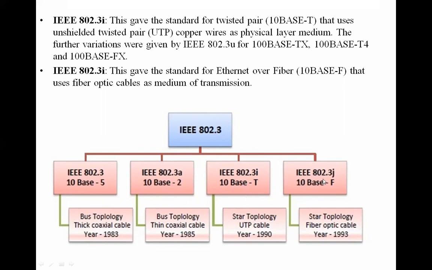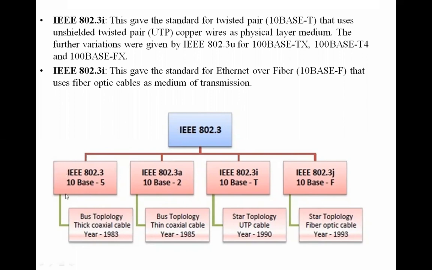And for j, the same speed with baseband transmission for slightly higher distances. And if you are using these different versions of 802.3, we are going to use different topologies in these Ethernet cables.